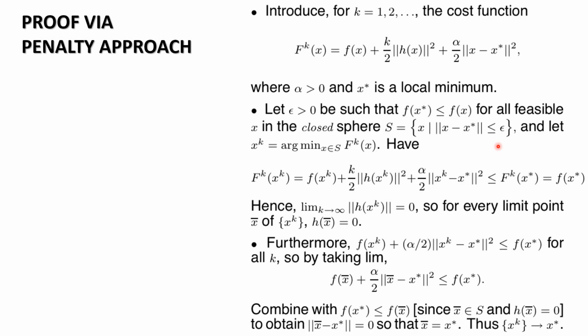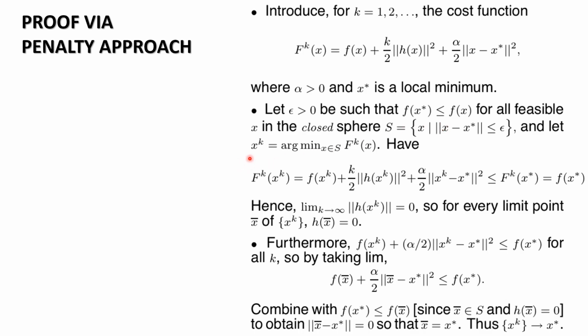And we assume that f(x star) is less than or equal to f(x) for all feasible x from S, such that h(x) = 0.